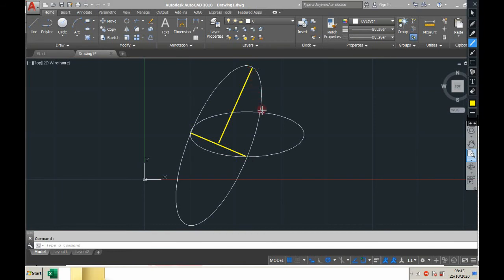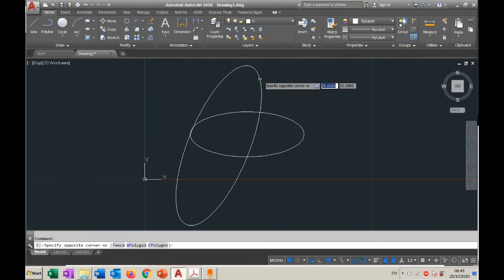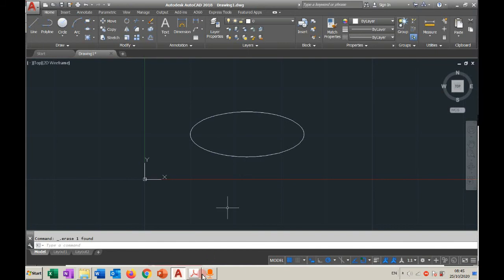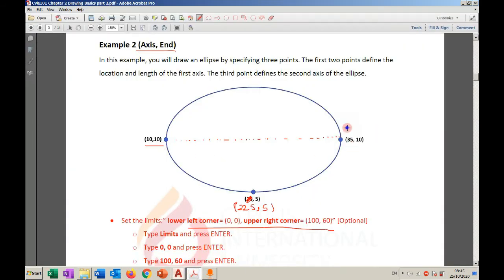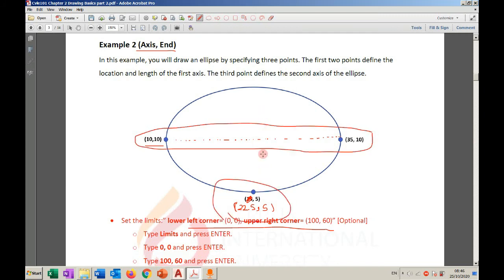So you have to be careful when you're choosing those points in axis end. You're going to start on the axis that you have complete information for, then you're going to provide the other information on the other axis.